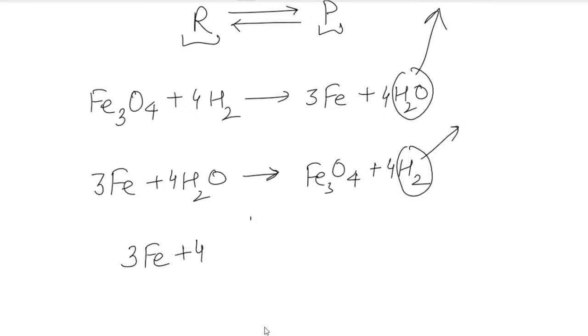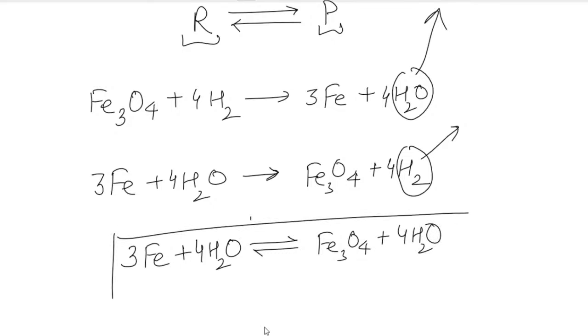That means such a reaction we can write like 3Fe plus 4H2O to give Fe3O4 plus 4H2. So we write it like this.